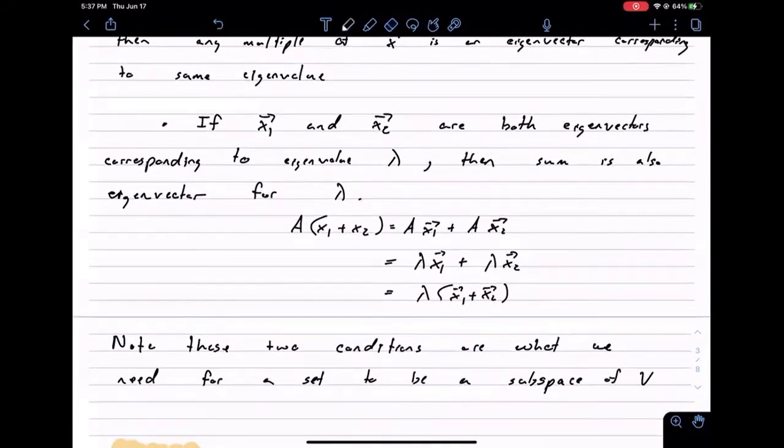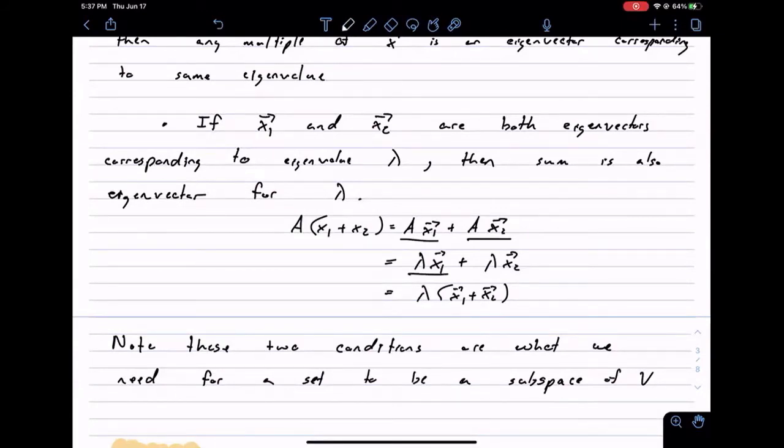Let's look at point 2 here. Let's say x1 and x2 are both eigenvectors corresponding to the same eigenvalue. Let's just call it lambda. Let's look at the sum of x1 and x2. I take the sum of x1 and x2 and multiply it by A. Well, again, from the properties of matrix algebra, we know we can split that up into these two terms. Now, since x1 and x2 are both eigenvectors, A times x1 is just lambda times x1.